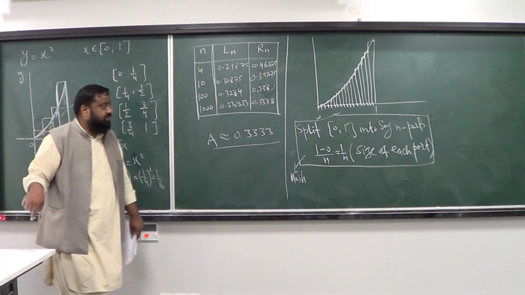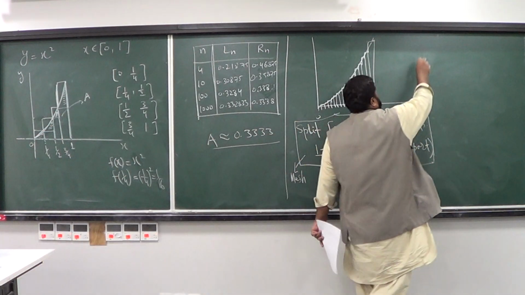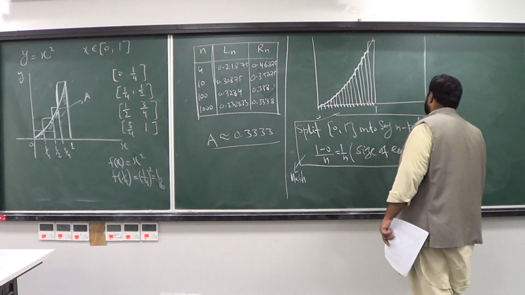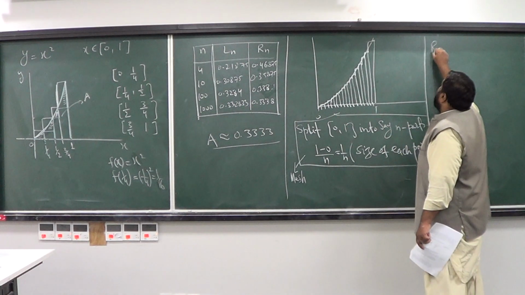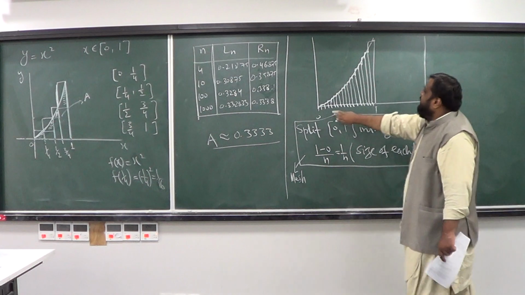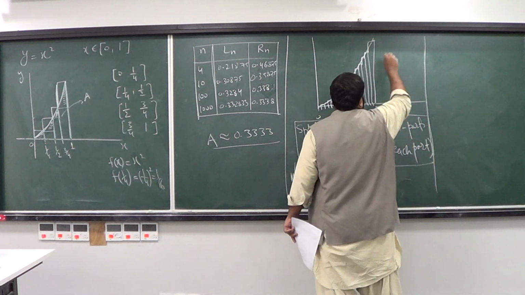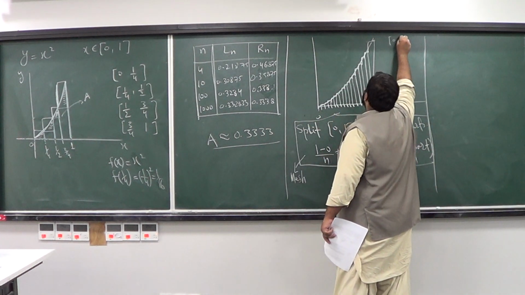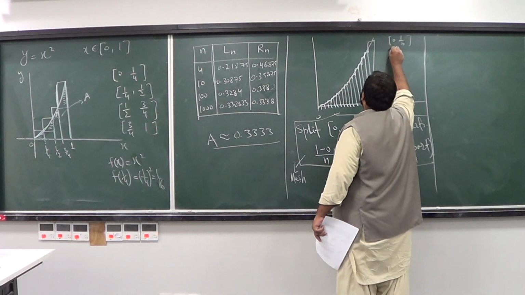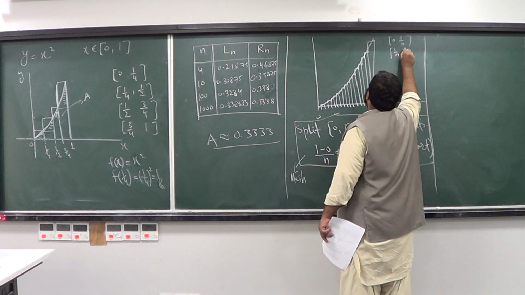So what should we do now? Now let's try to compute this in general. So what would be Rn? By the way, what will be the intervals now? The first interval is going to be 0 to 1 over n. The second is going to be 1 over n to 2 over n.